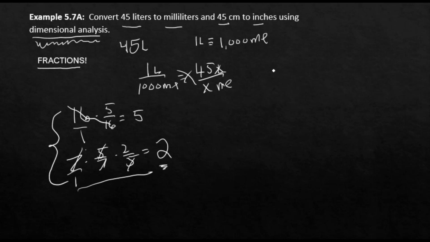And that's why we're going to use dimensional analysis. So I'm going to start with my 45 liters, and I'm going to change that into milliliters using dimensional analysis. Now essentially what I'm going to be doing is taking the 45 liters and multiplying it by 1. Okay? So we already know this is true, right? 1 liter is 1,000 milliliters.